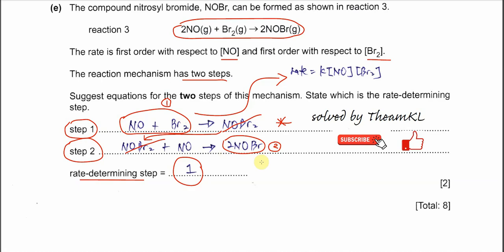That's how you form the two steps from the rate equation and with the specific rate determining step. Okay, that's all. Thank you.